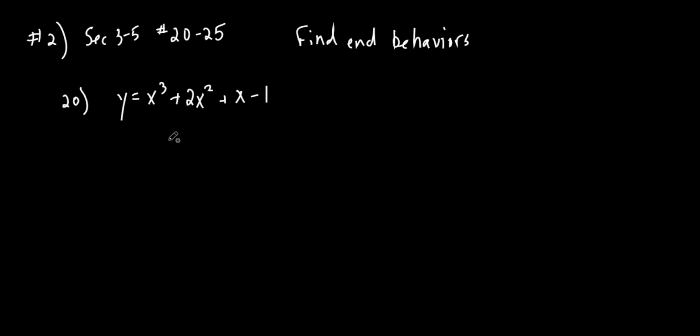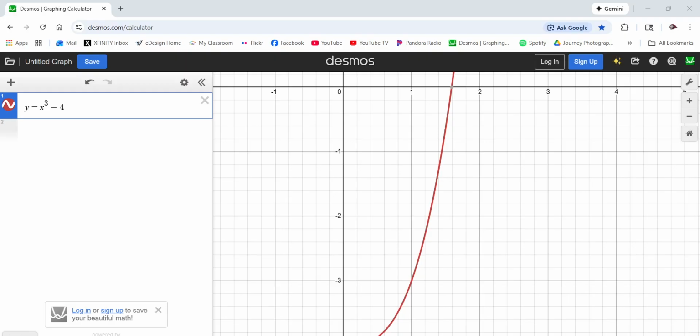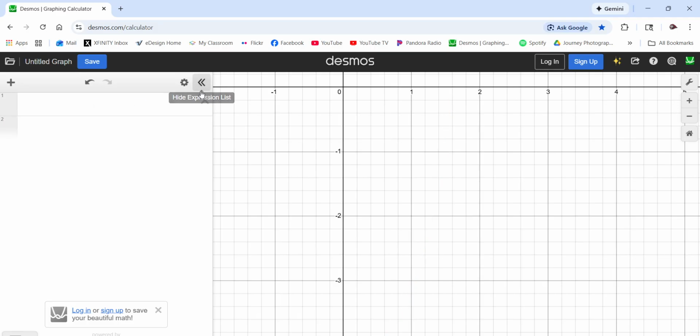You don't necessarily have to go to Desmos to do this, but let's do it just so we can see what it's going to look like. Everybody good with that? All right, so let's go back to Desmos and let's graph that.